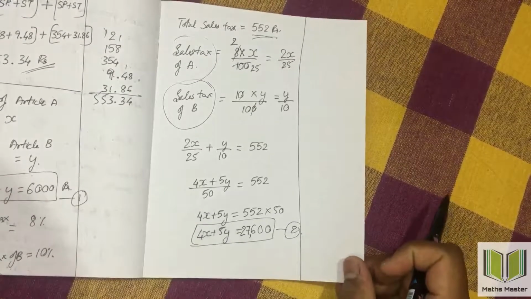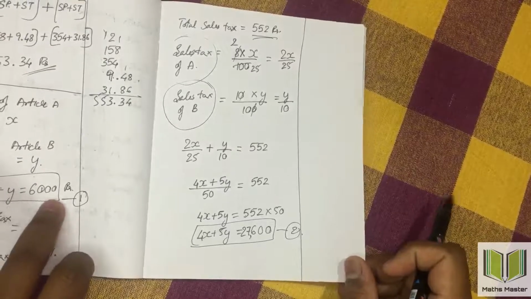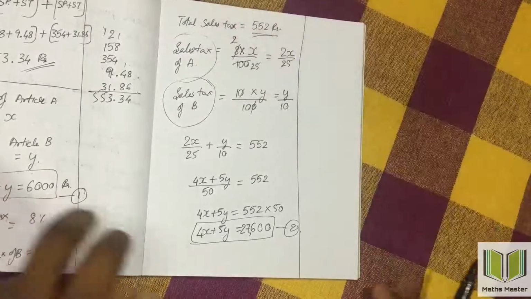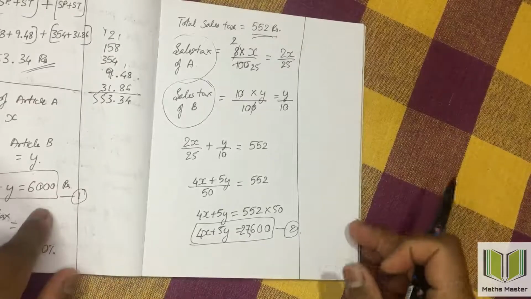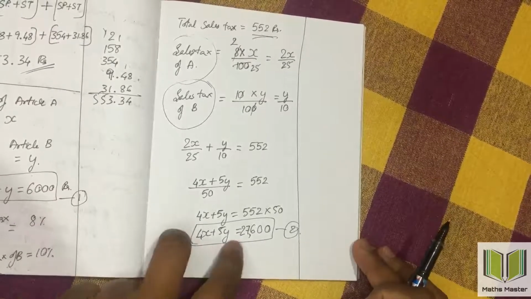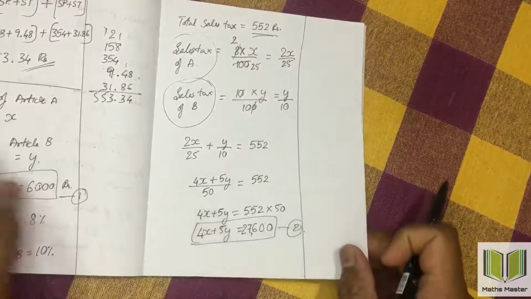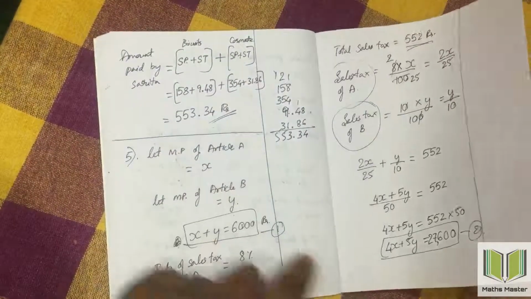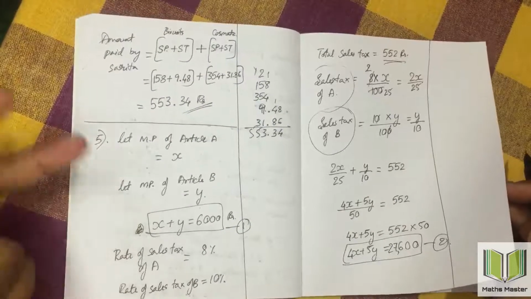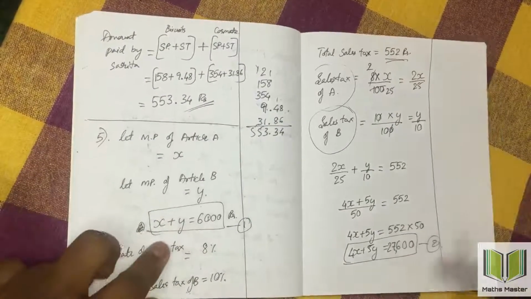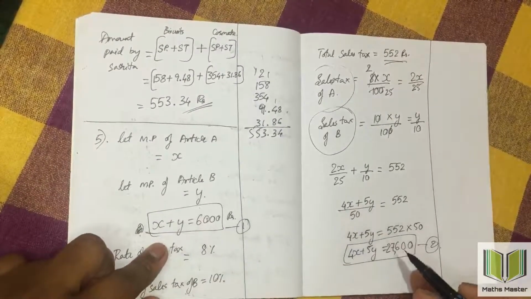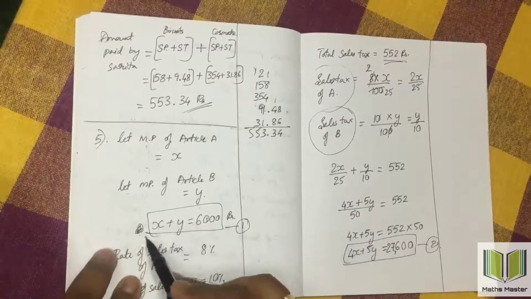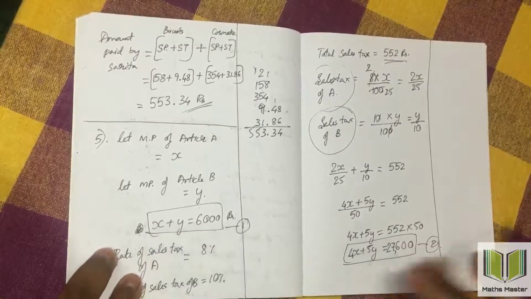I'll be doing it in another method. Now x plus y is equal to 6,000 and 4x plus 5y is equal to 27,600. We have two different equations. Let's try to substitute. The substitution can happen in multiple ways: one by doing the simultaneous equation, or the other way by substituting one of the values.